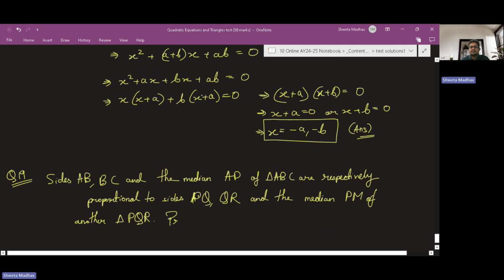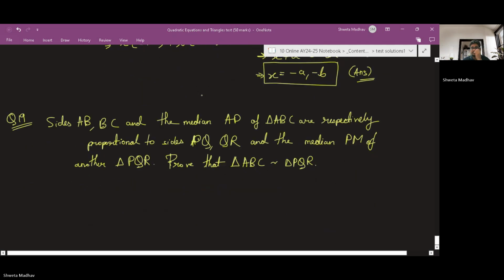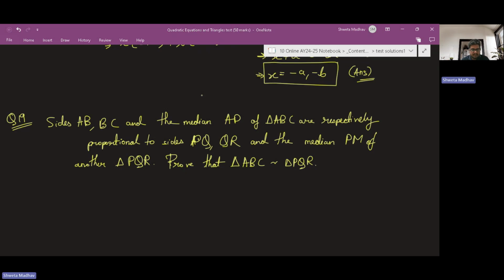Then prove that triangle ABC is similar to triangle PQR. Prove that triangle ABC is similar to triangle PQR.